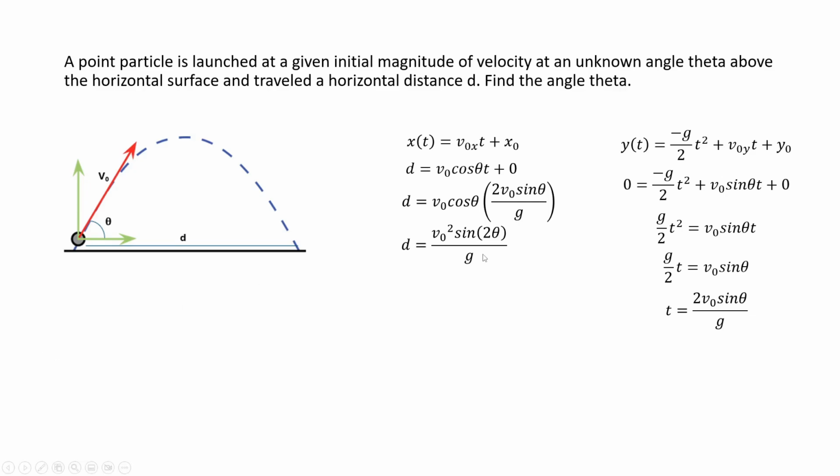You would have to just multiply g on both sides, divide v naught squared on both sides, take the inverse sine of both sides, and divide by 2 on both sides. It's a pretty hefty algebra process, but it's really simple. And here's the answer. If you're given values, then you can go ahead and do it symbolically first, as it's good practice.